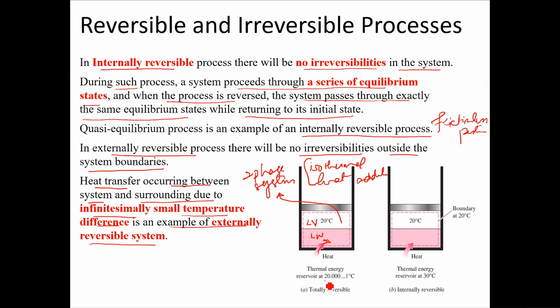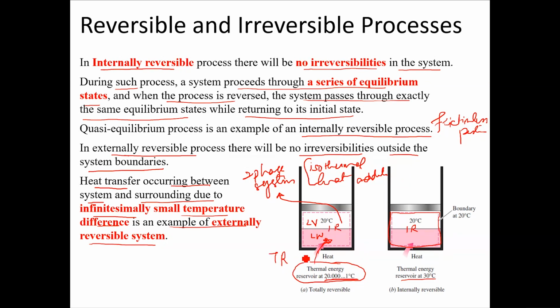In one case, the energy is coming at, say, 20.000001 degrees centigrade, and in the other case, the heat is coming through a finite temperature difference. Within the system, it's an isothermal heat addition, so the system is internally reversible. Both systems are internally reversible. But when I look at the surroundings, the difference in temperature between the system and the surroundings is infinitely small, so I can categorize this as a totally reversible process.